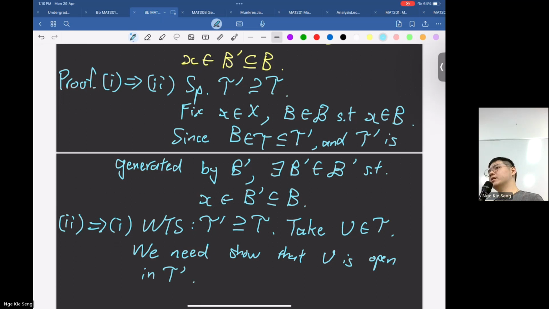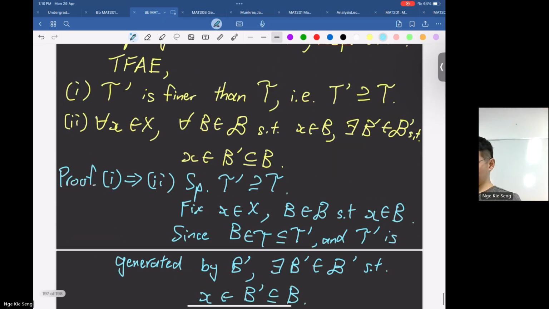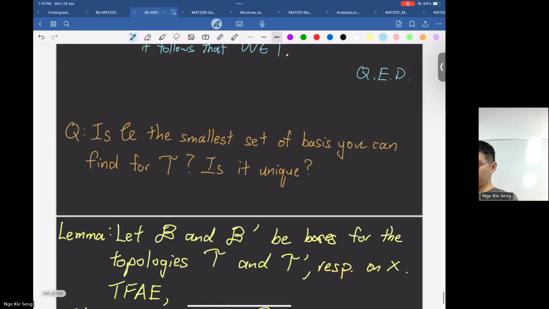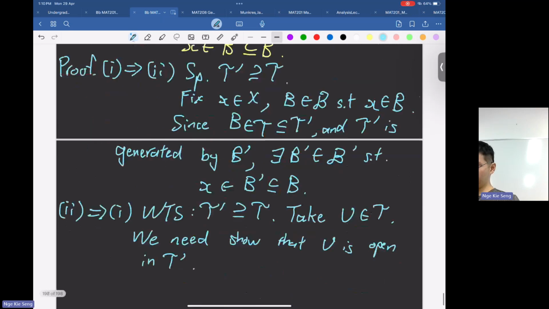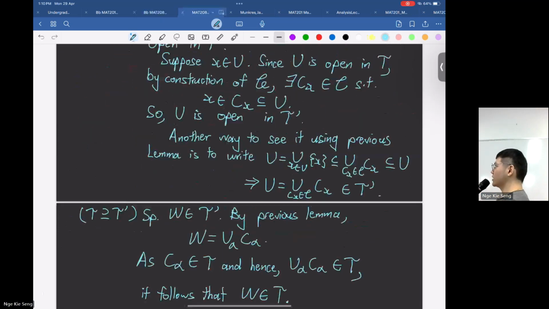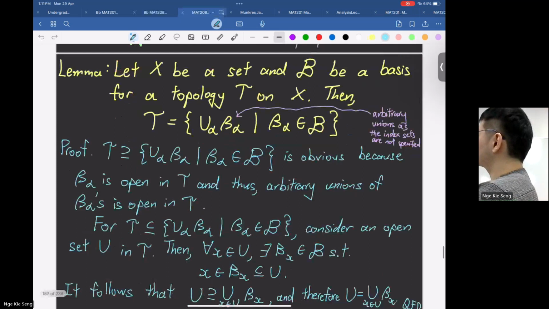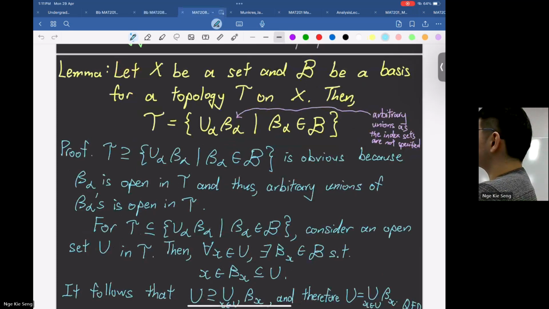T is a topology generated by a basis. Last time, what did we show about this kind of topology? How does an open set inside T look like? So let's go back a bit. How do we describe the topology generated by a basis?